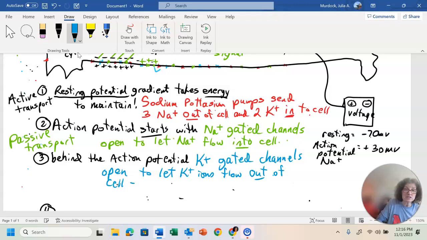And again, this is diffusion. It's going down its gradient, right? Down its gradient to restore or repolarize the membrane.